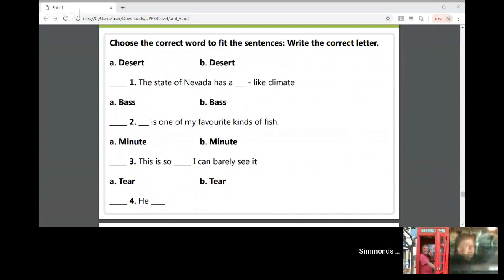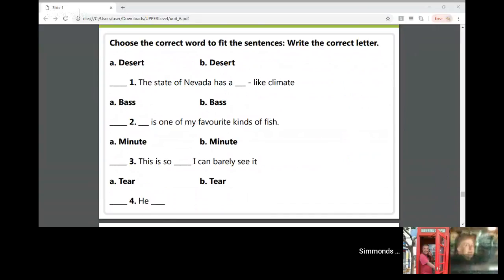I have a question. What is the difference between tear and tear down, tear apart? Well, tear is what comes from your eye when you cry.